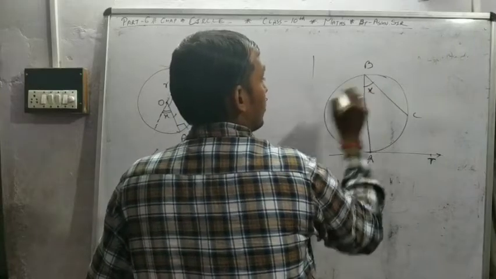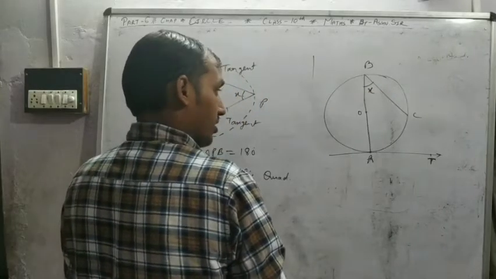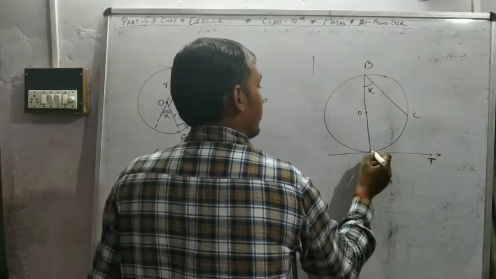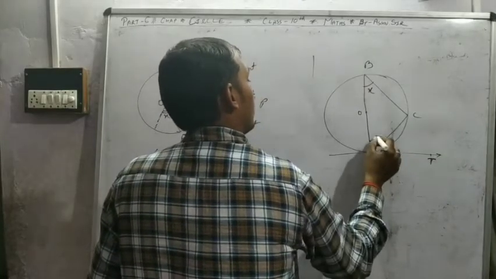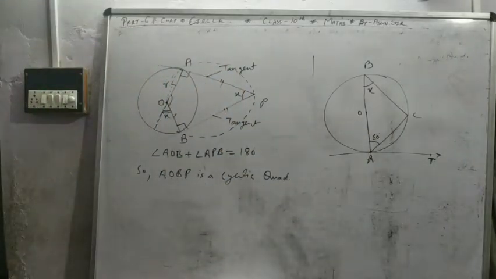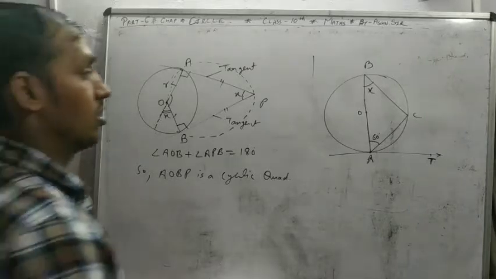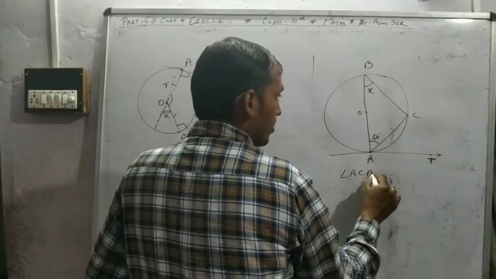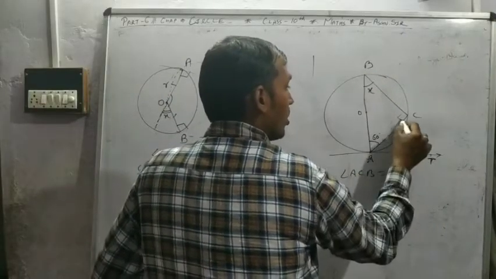Find x, if this angle is 60. So can you directly see, AB is the diameter, so angle ACB is equal to 90.